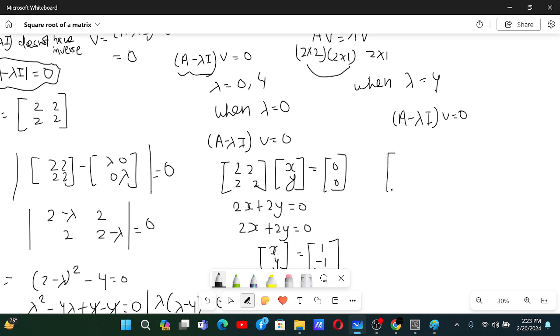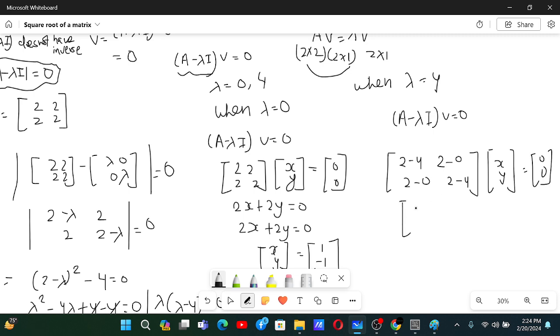So we will have 2 minus 4 on the diagonal, and 2 minus 4 over here, with the off-diagonals 2, times x, y equals 0. So now we have minus 2, 2, 2, minus 2 times x, y equals 0.